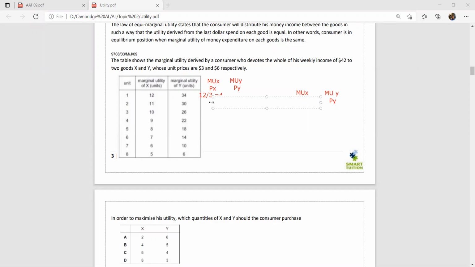In the next one, 11 divided by 3, 3.6. 10 divided by 3, 3.3. 4 divided by 3, 1.3. 5 divided by 3, 1.6. 6 divided by 3, 7 divided by 3, 8 divided by 3.